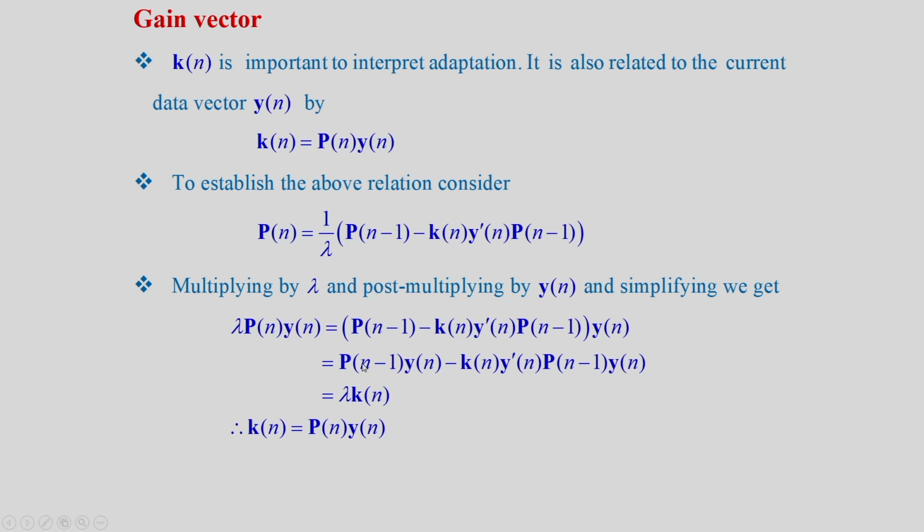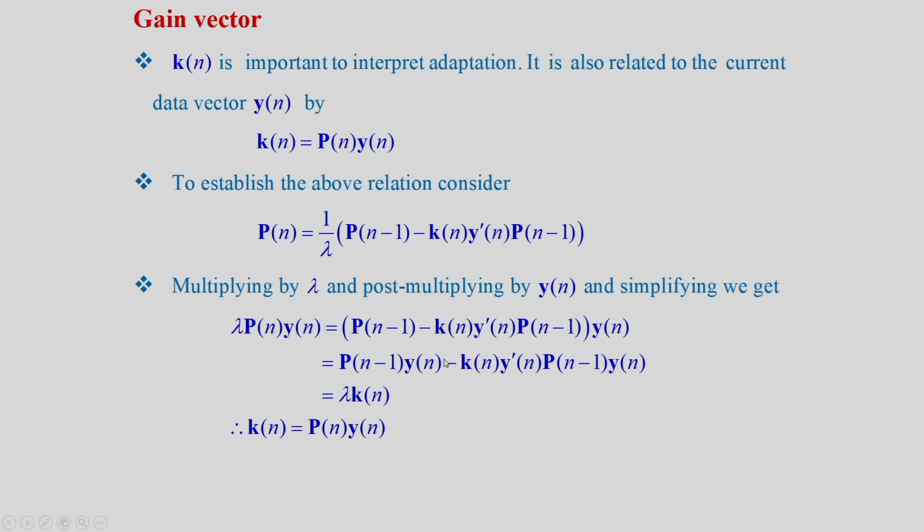So, that way this will be equal to Pn minus 1 into yn minus Kn into yn transpose into Pn minus 1 into yn.